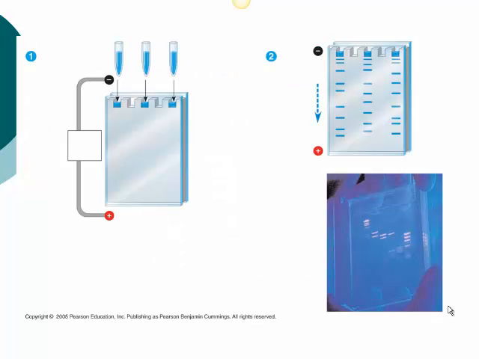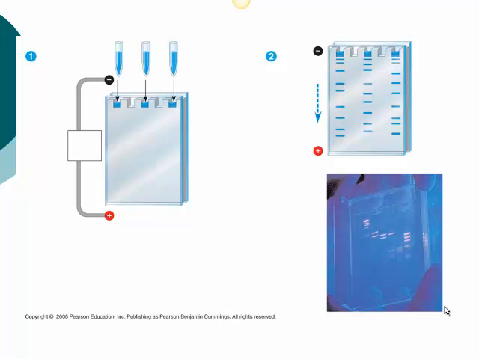And so here's a diagram to show you. You load your samples in the wells, which are at one end of the gel, and then you apply electricity, and it will cause the DNA to separate, and it'll go through this agarose, which is a seaweed, like a gelatin, and they will separate based on their size.